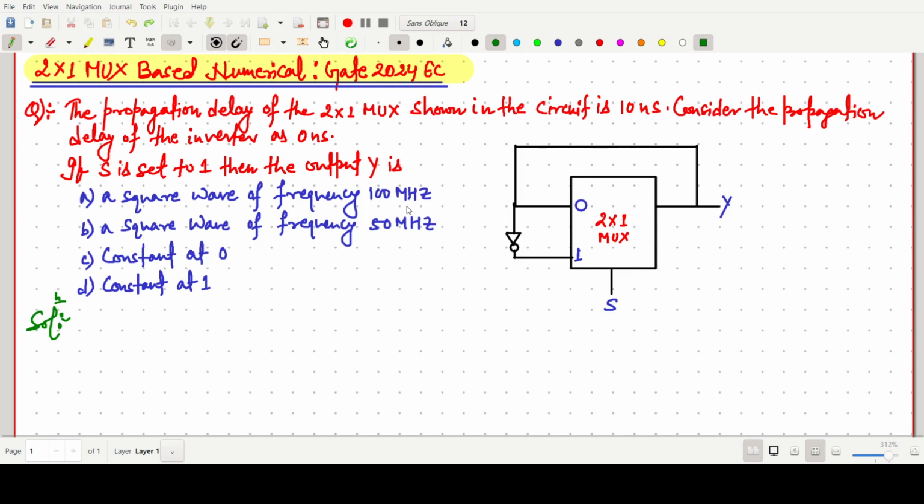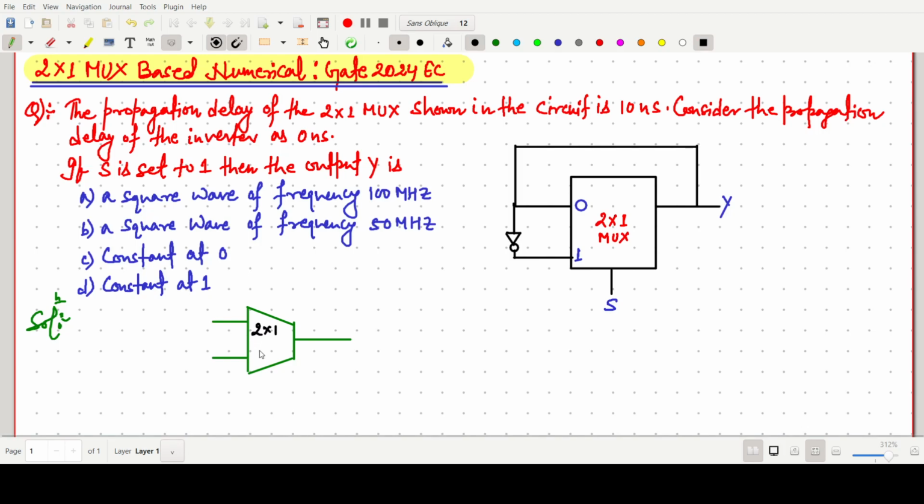So I am first making a simple mux diagram. Suppose this is our 2 cross 1 mux. It may be a rectangular shape, but I am keeping this shape.